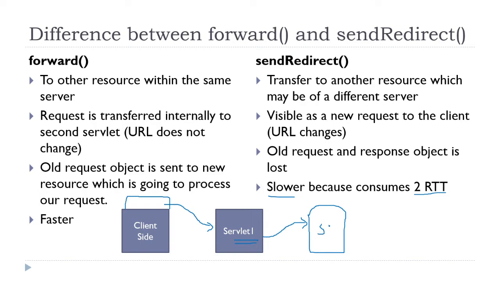Then servlet 2 will generate its response and it will send back the response to client side directly. So that is why in case of the forward method, there is just one round trip, and that is why it is faster than the send redirect method.